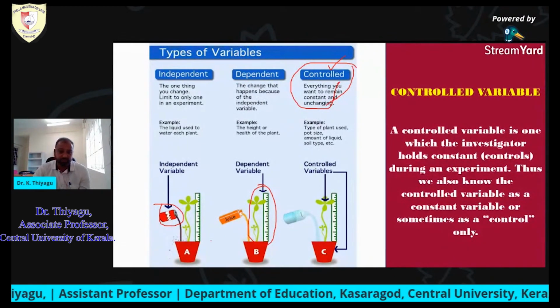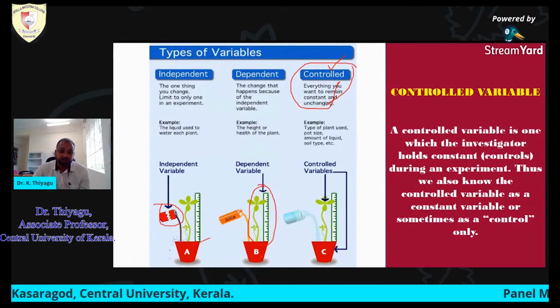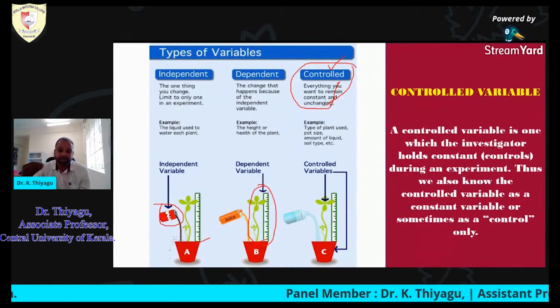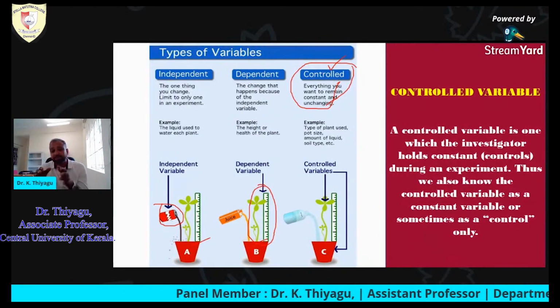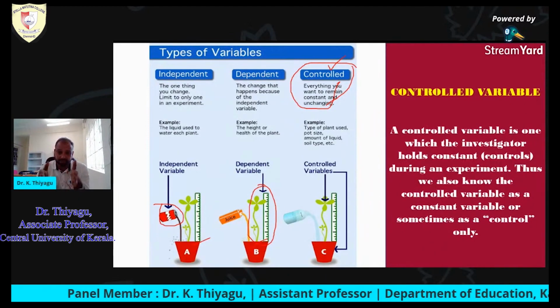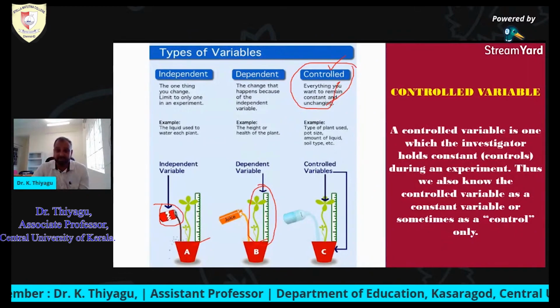Why? Suppose I have two plants, A and B. If the pot size is different for each pot, there is a chance the growth ratio may change. That is why we have to keep some things controlled while doing the experimentation.